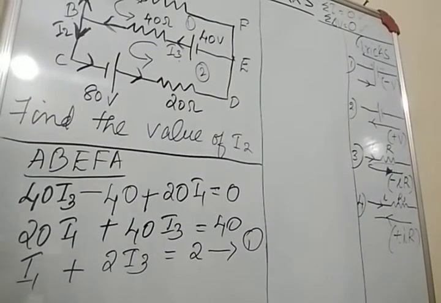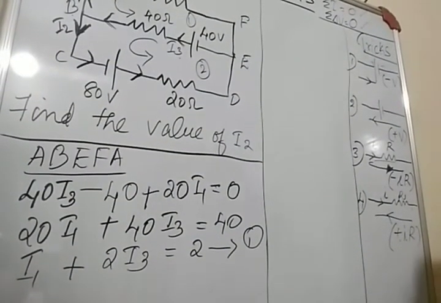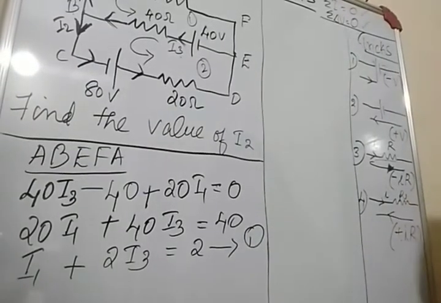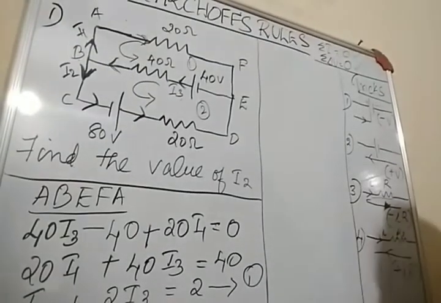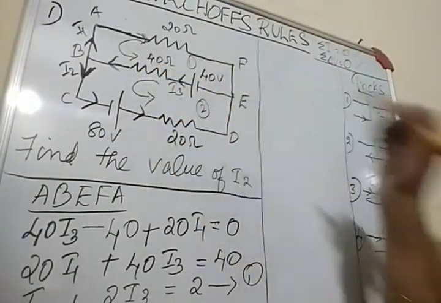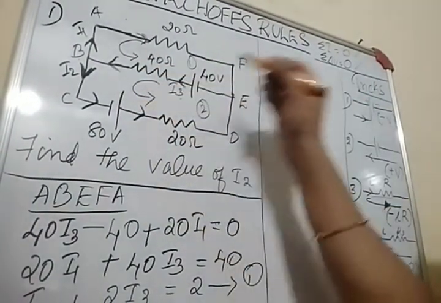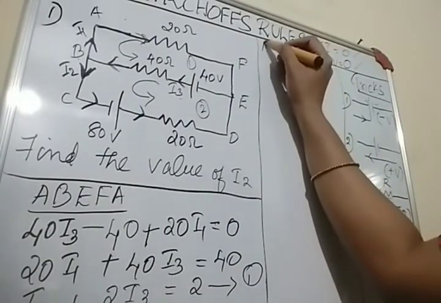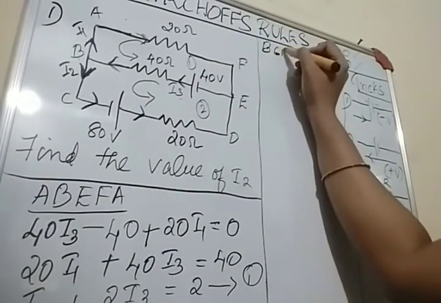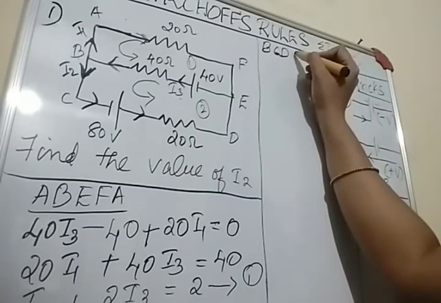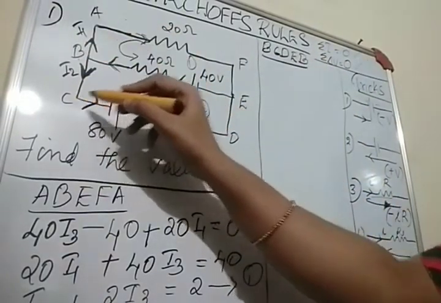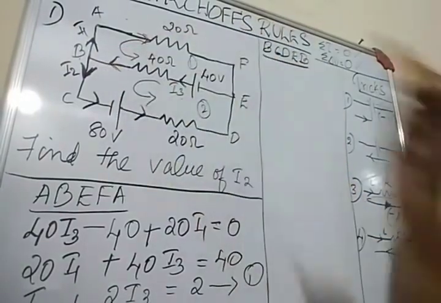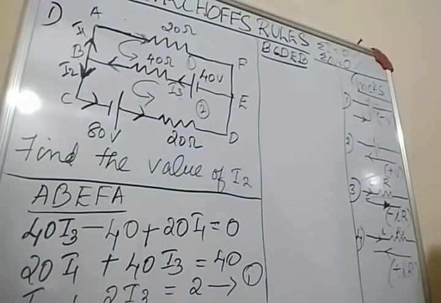Now let's try to solve the second loop in a similar way. Whenever you solve the second loop, you need to follow the same anti-clockwise direction. And which is the loop? It is B, C, D, E, B. This is our loop.